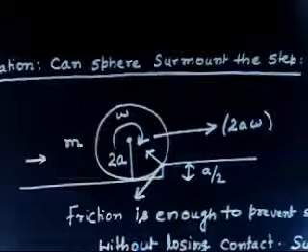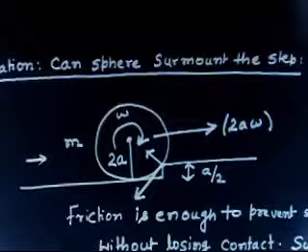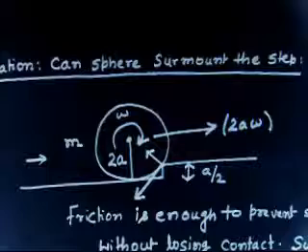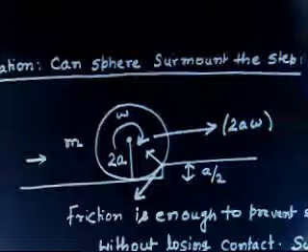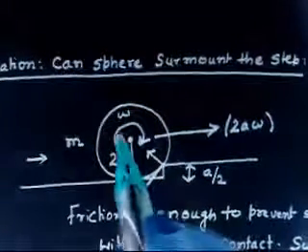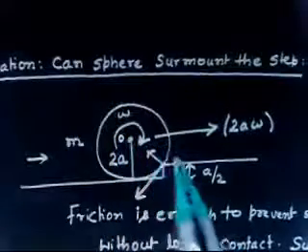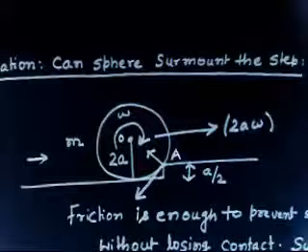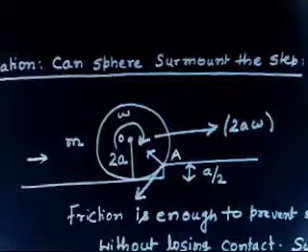Now if I want to use conservation laws, let us say angular momentum conservation, from which point should I take the angular momentum? Let us call this point O, and this point A. At which point should I consider the angular momentum?